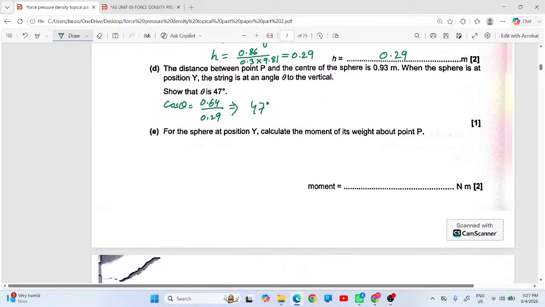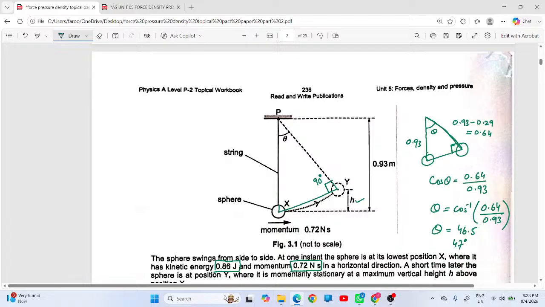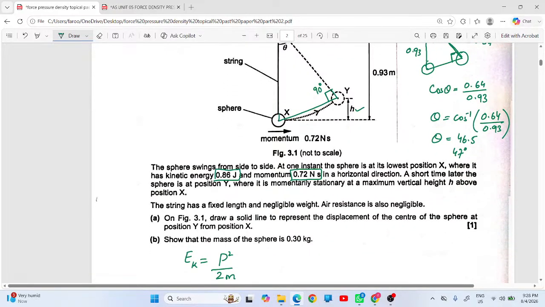Okay, next is for the sphere at position y, calculate the moment of its weight about point P. Moment at point y. So the weight is acting downward. The weight of the bob is acting vertically downward.